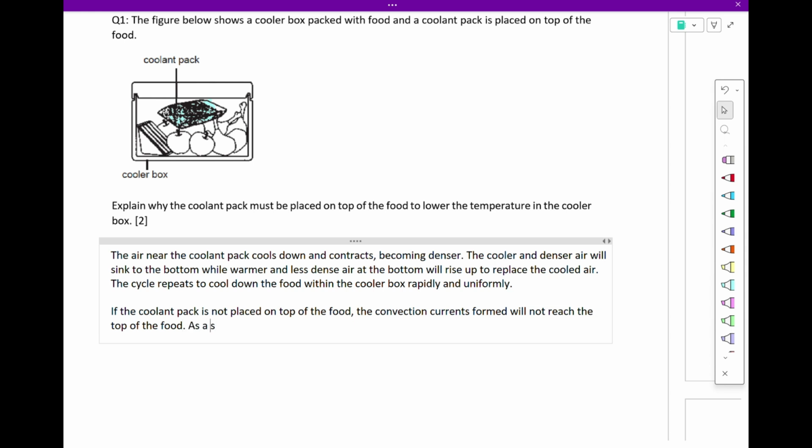As a result, the food at the top will not be cooled and may spoil easily.